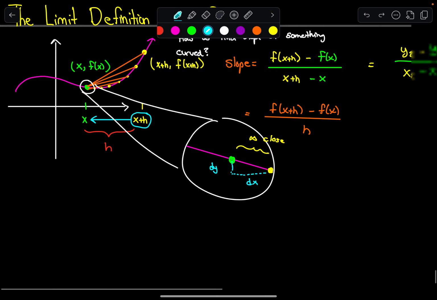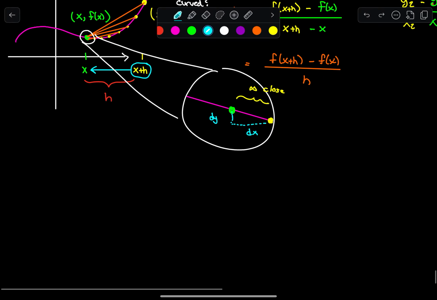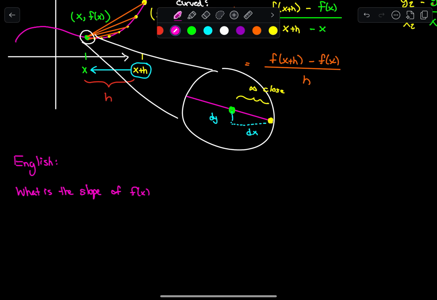All right, so this was the idea from the very first day of class, but now we're going to try and represent this using limits. And we're going to say, okay, so in English, what's going on? In English, we're going to ask ourselves, what is the slope between those 2 points?